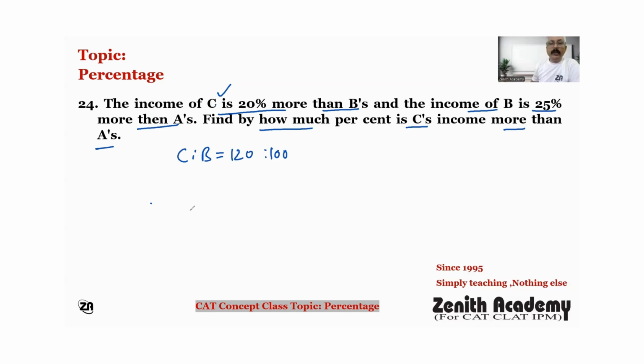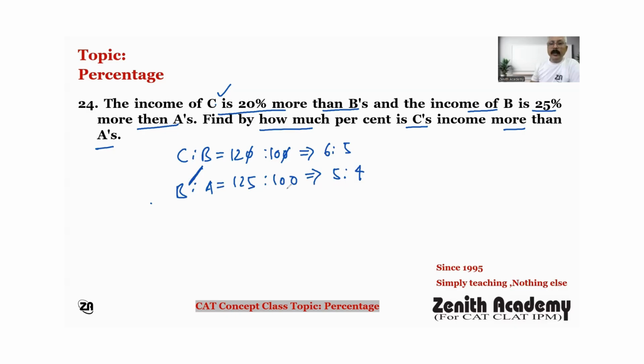And the income of B is 25% more than A's. So if A is 100, then B should be 125. If I simplify it, this is equal to 6 is to 5, and this is equal to 5 is to 4.